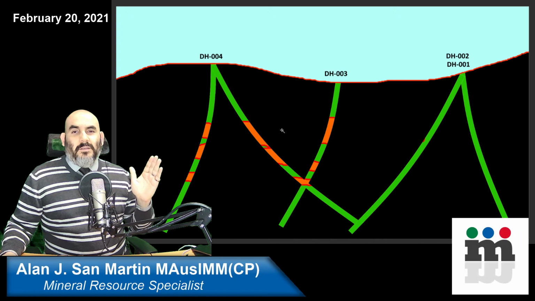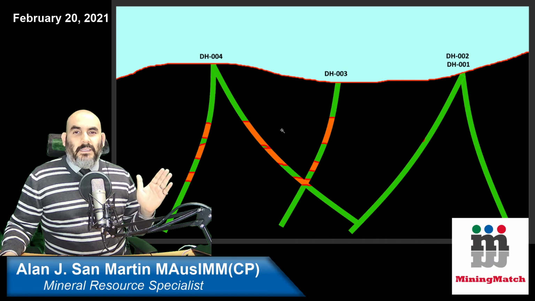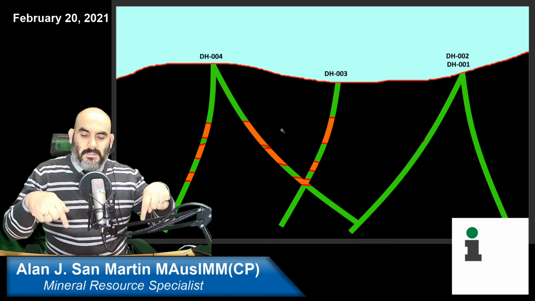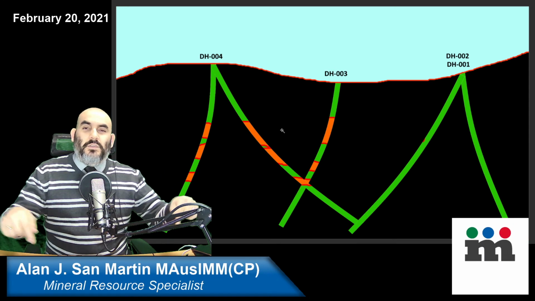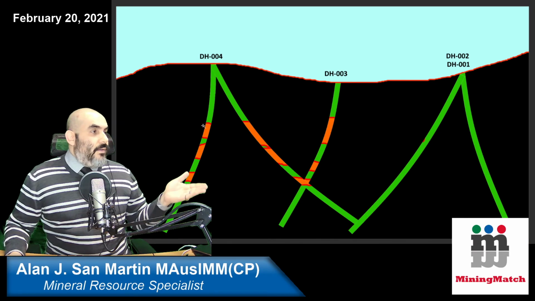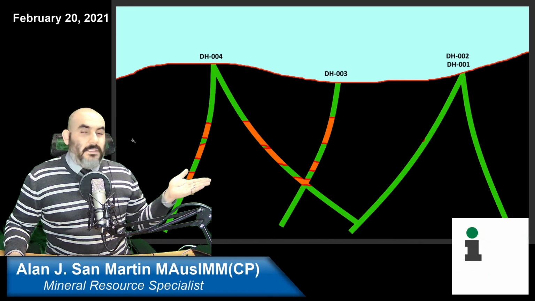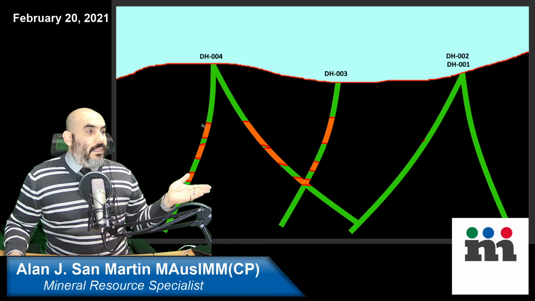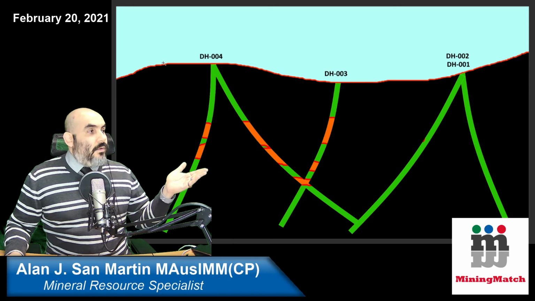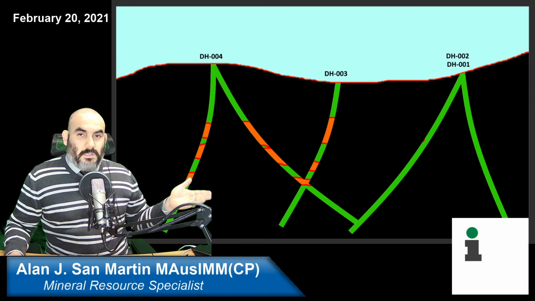And once you have a discovery, you carry on drilling and doing the definition drilling, so you know how far it goes. For example, here you can say it's open in this direction, because you know that it could continue, so you have to do another drill hole here.